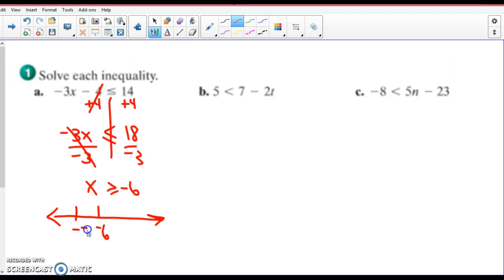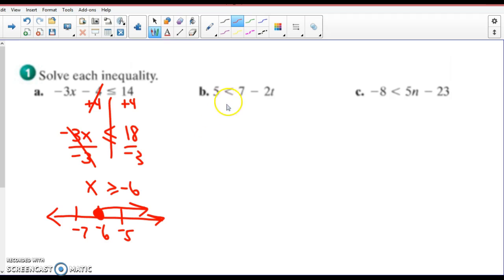Here's negative 6, negative 7, and negative 5. What type of circle am I going to have on negative 6 in this problem? Solid circle, because it's greater than or equal to. Remember, when it's equal to, it's got the solid. And greater than is to the right. So there's my solution and my graph.